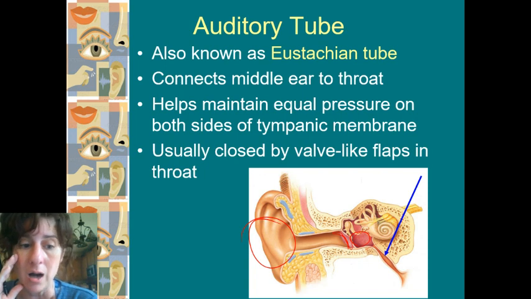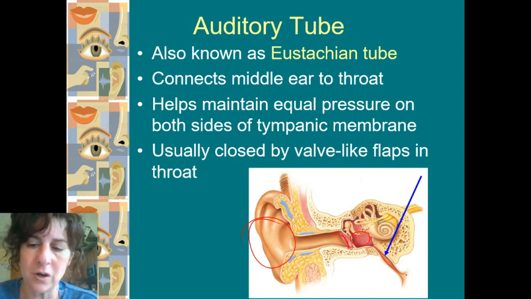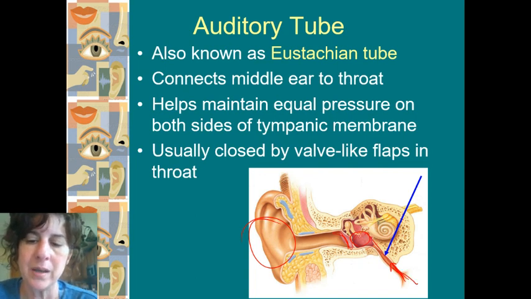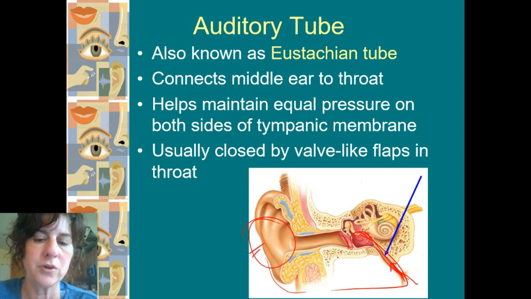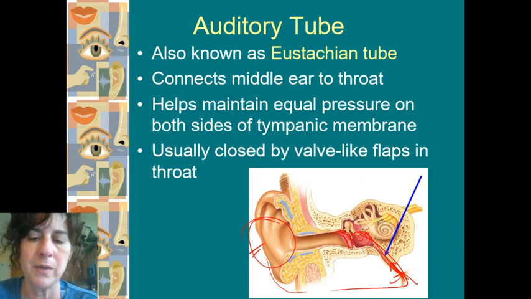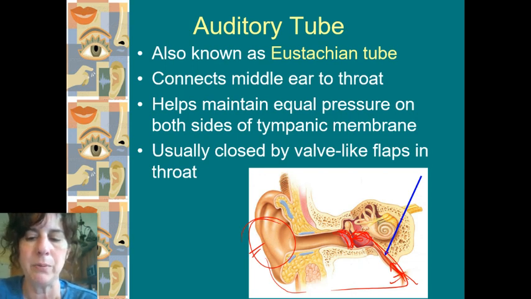You have to pop your mouth, you chew gum or something. You pop, what you're doing is you're opening this tube right here so that air from the mouth and the pharynx can enter, and the pressure here can become equal with the pressure out here. And so we don't have this pressure back here. If you don't do that, you can feel a discomfort, and that discomfort is pressure being put back on that tympanic membrane as you either pull it in.